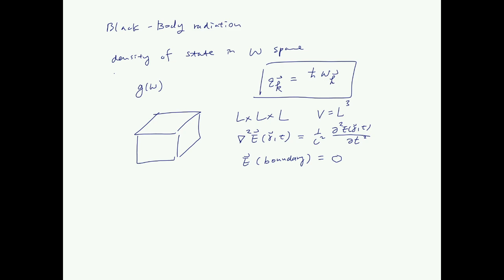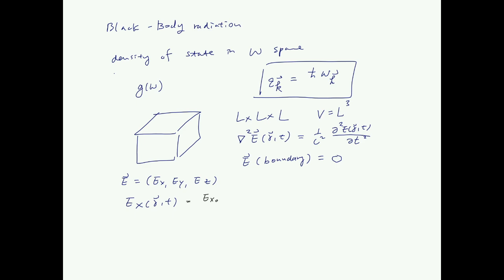So the E field has Ex, Ey, Ez, three components, and each component is a function of position and time.